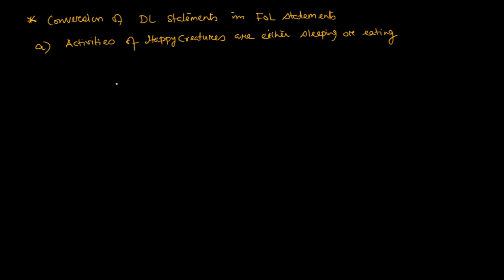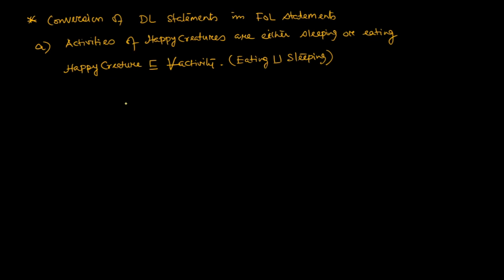So you can convert this into description logic by writing something like this. Happy creature is a subclass of something that has only activity to be eating or sleeping, right?